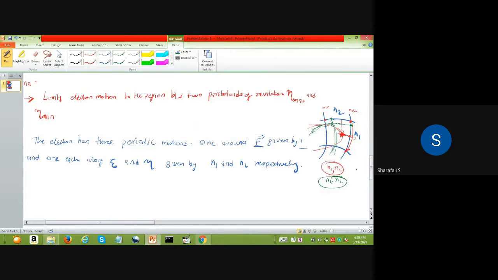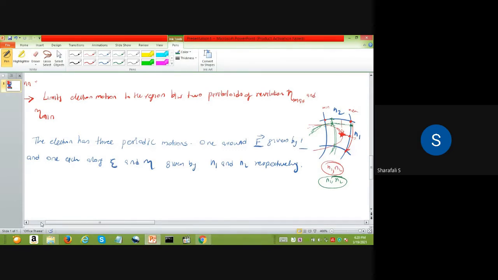So you can specify the motion of those electrons with these quantum numbers, with the application of the electric field. The electron motion can be specified by using the values of ml, n1 and n2. Why?